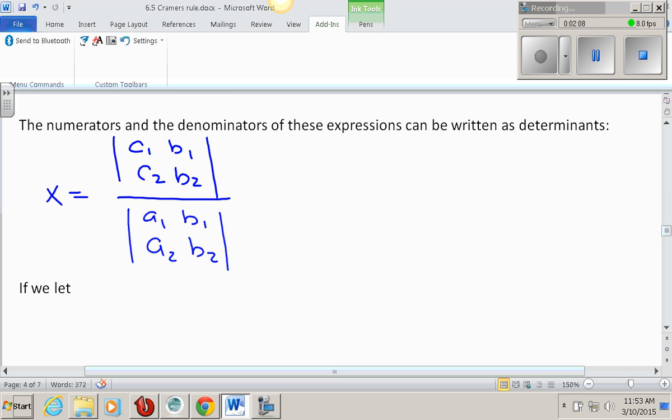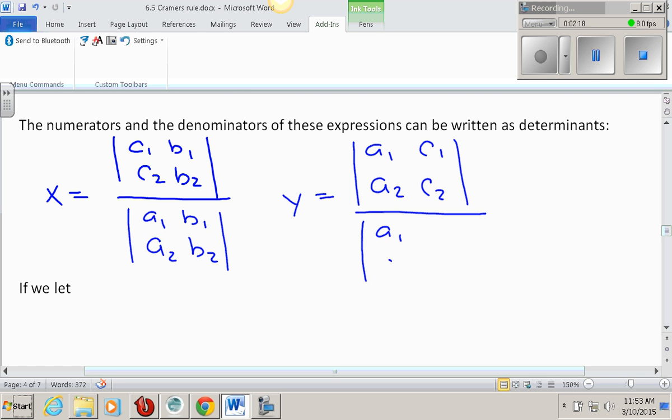You're using those same values. And our y is a1, c1, a2, c2, over a1, b1, a2, b2. Okay, and again, that came from the step prior. That's where we got those from.